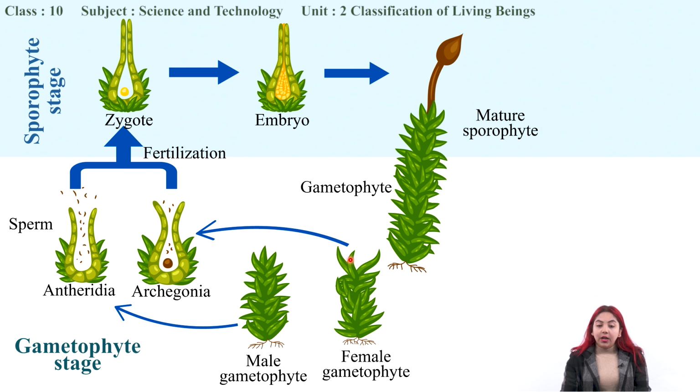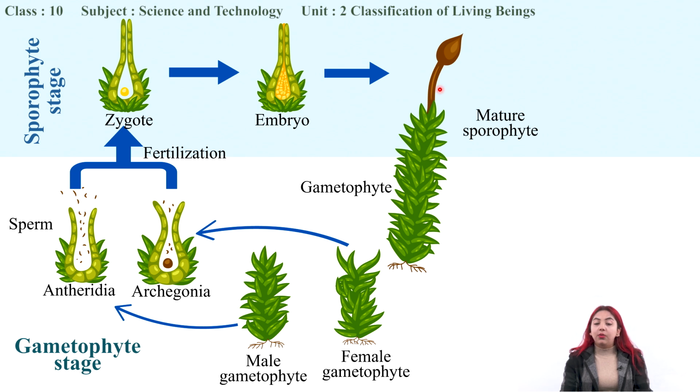The archegonia is present inside the female gametophyte, and the sperm transfers into it, and through the female gametophyte a mature sporophyte emerges.